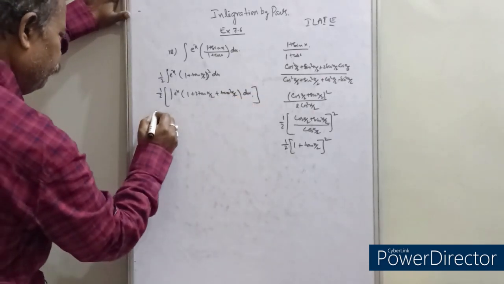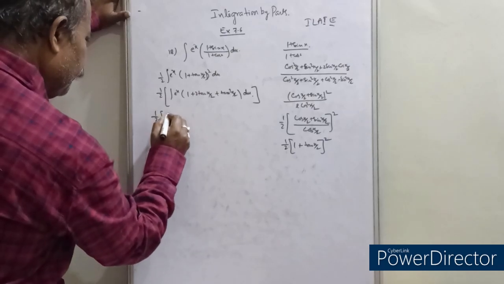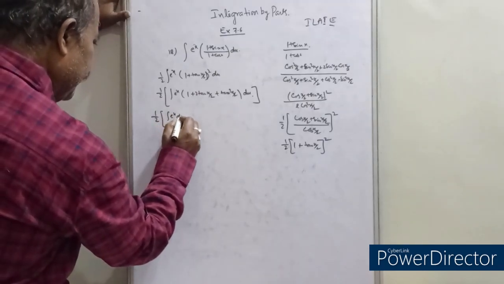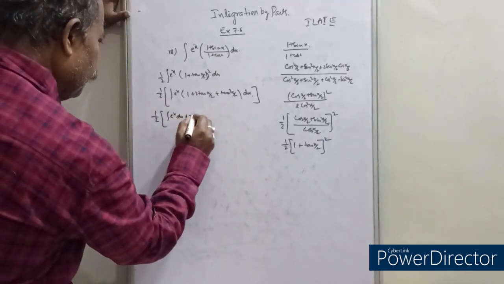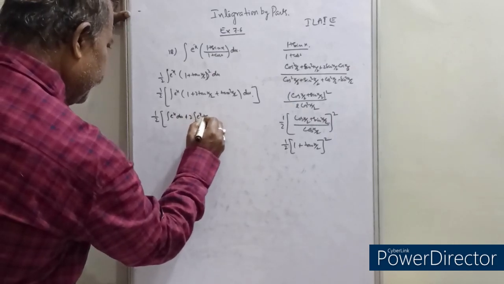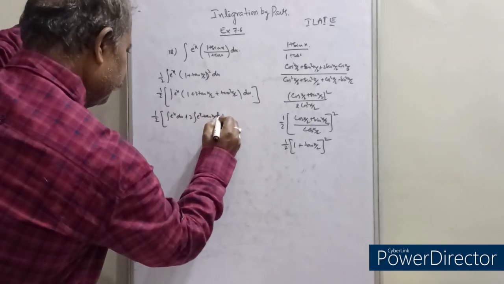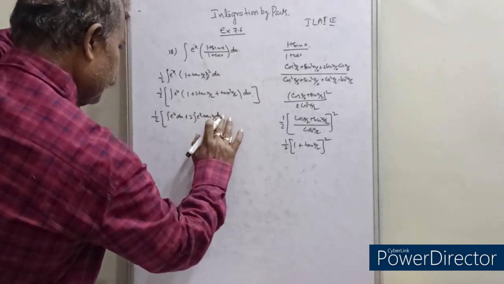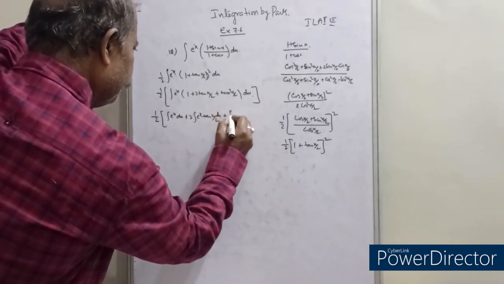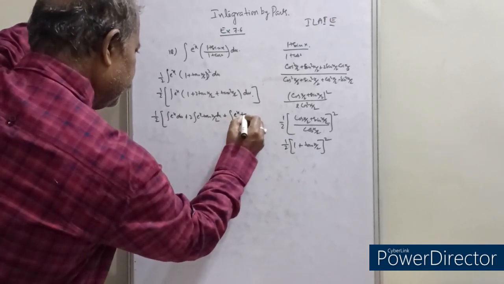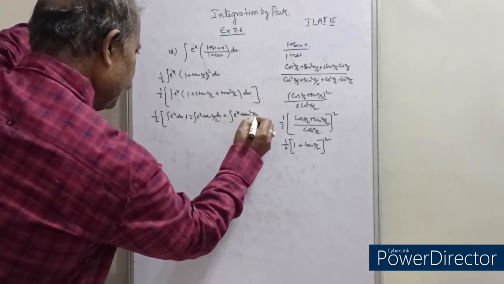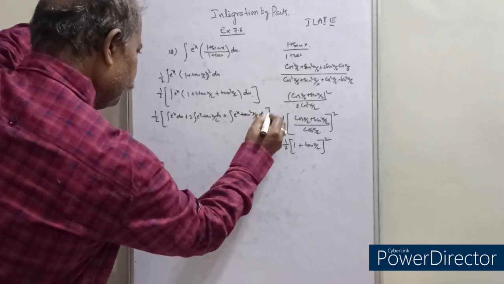So this will be 1 by 2 [integration of e to the power of x dx plus 2 e to the power of x tan x by 2 dx plus e to the power of x tan square x by 2 dx].